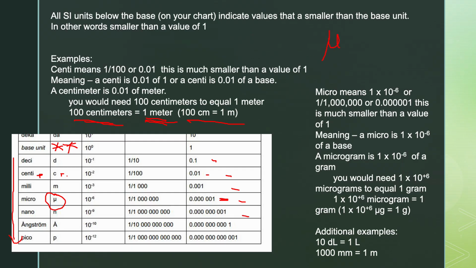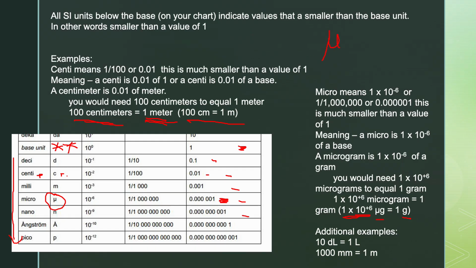If I wanted to equal one of my base units, how many of these tiny pieces do I need to equal the one whole? I would need 1 times 10 to the 6, or 1 million micrograms to equal the 1 gram. Again, micro is really small, so if it's smaller than 1, I need a lot of pieces to equal that base unit.